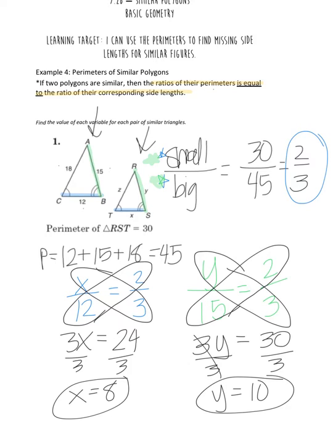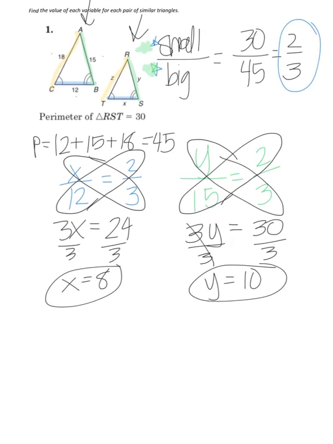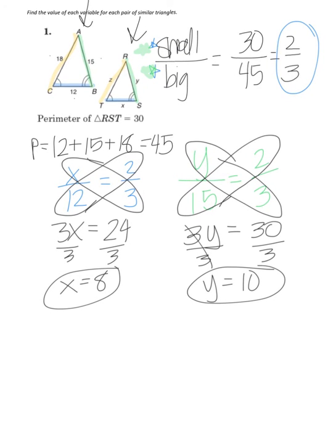And one last one is z, which as you can probably see corresponds with 18. My setup to find z would be z over its corresponding side length in the big triangle, 18, equals the ratio of their perimeters, 2 to 3. Solve it using the cross products property.